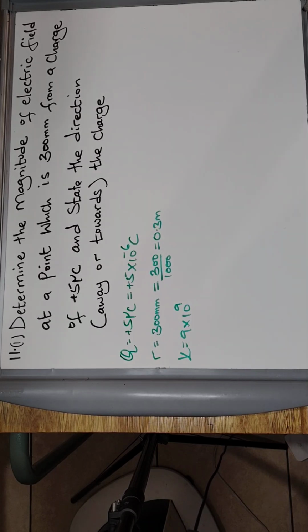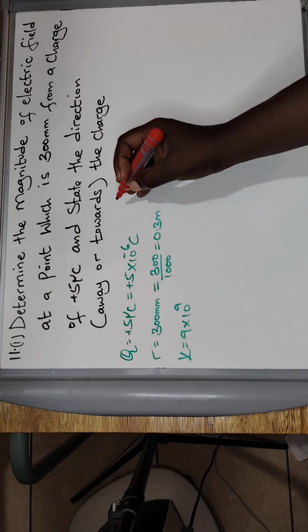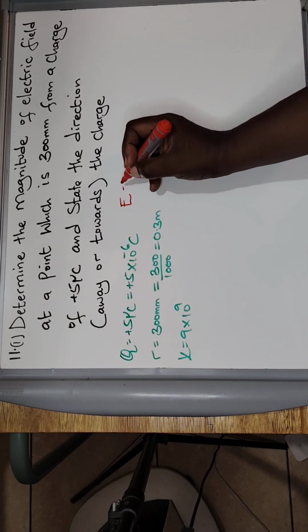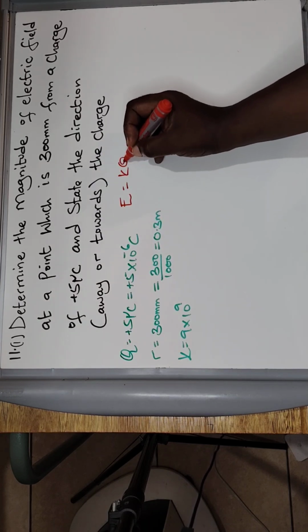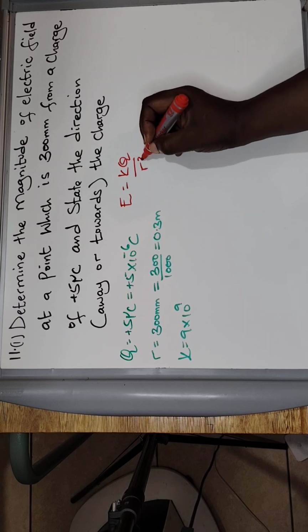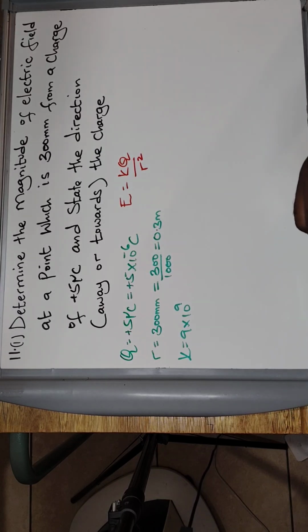With that information, what comes to your mind? What comes to our mind is the equation to use. The suitable equation here is going to be E equals KQ over R squared, the equation of the electric field at a point.